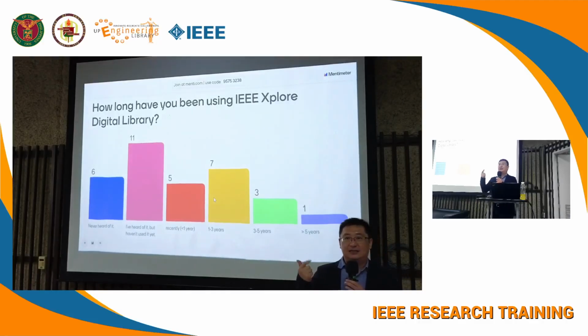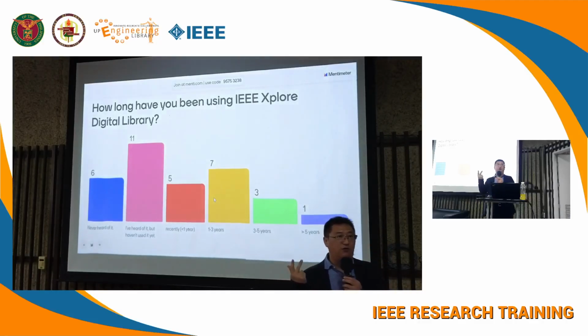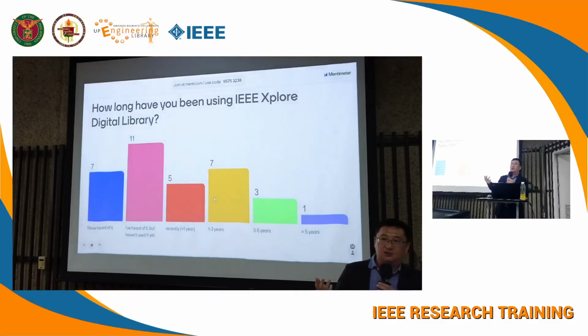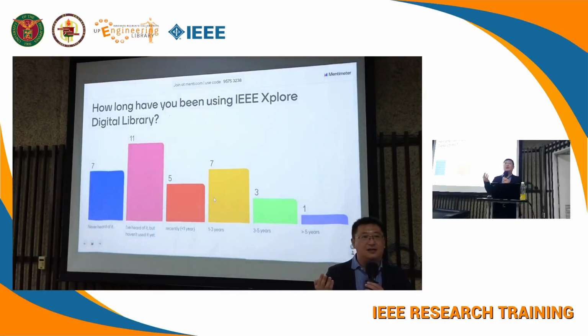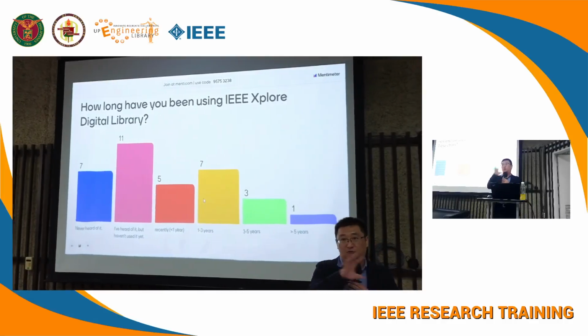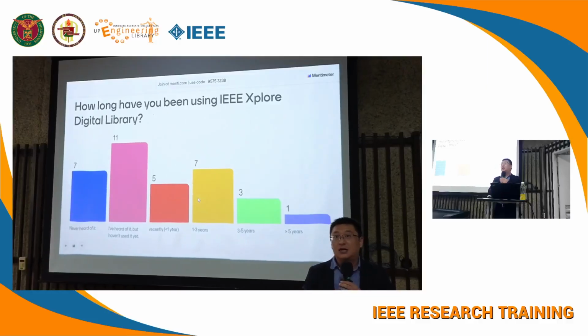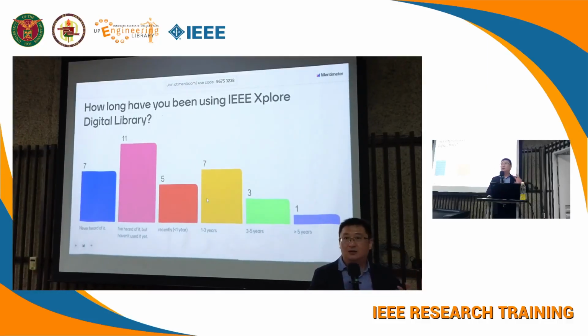S for science, T for technology, E for engineering, M is a consolidation of mathematics, medicine, and management. So IEEE's focus is on the whole spectrum of these. It's not just electrical or mechanical or civil or industrial, no, it's the whole spectrum, all right?